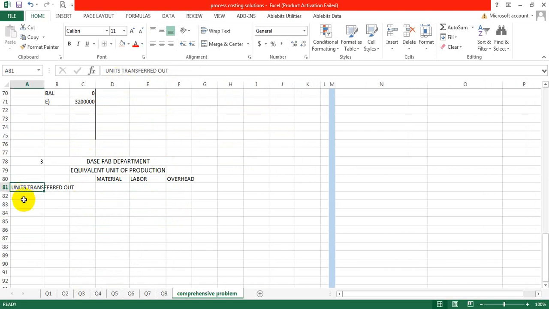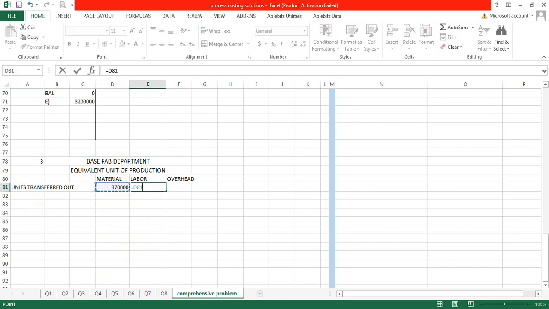Okay, unit transfer out 3,70,000. Oh sorry, transfer out, not beginning, right? Unit 3,70,000, right? This is my units transfer out.